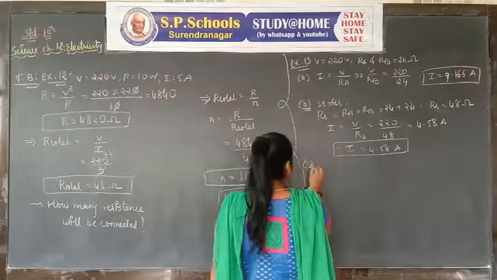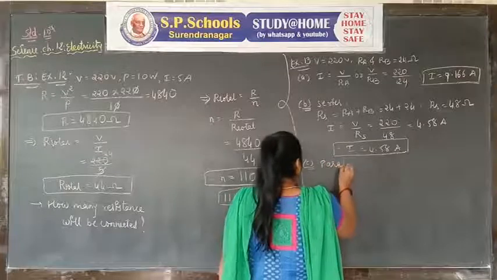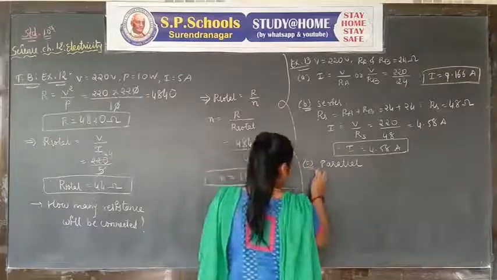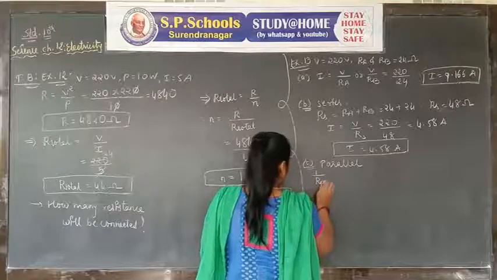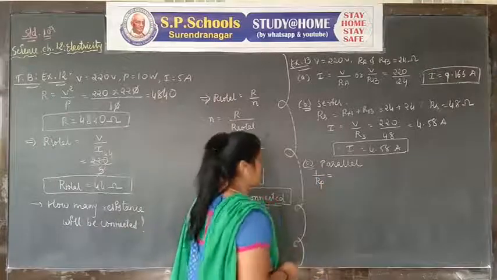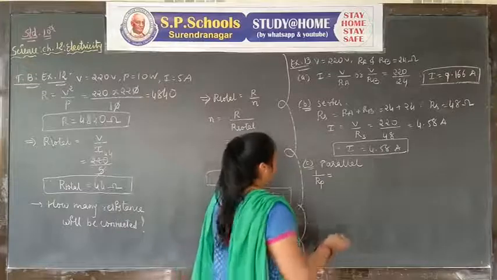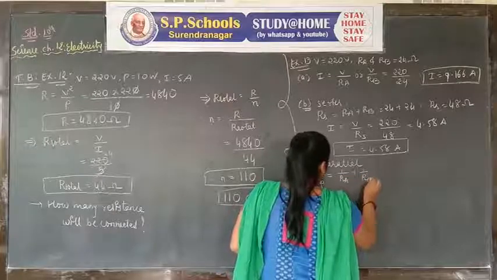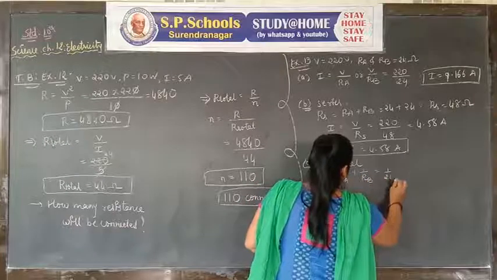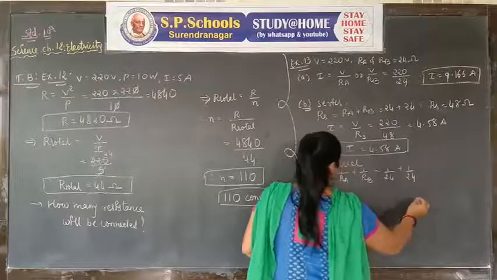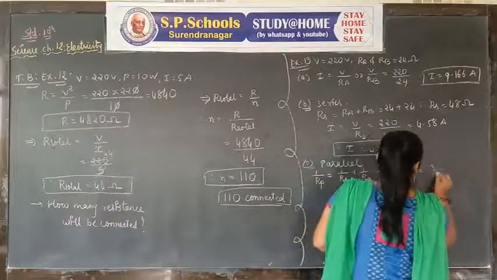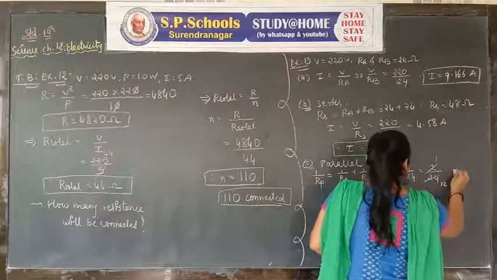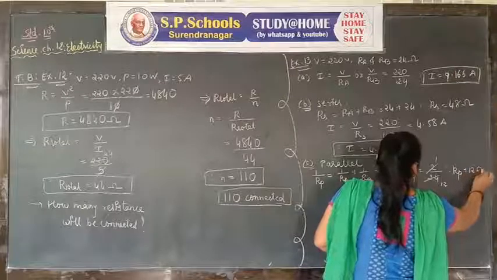Then we go through the third. In case of parallel combination, first we find the equivalent resistance. It will be in inverted form, reciprocal form. 1 upon Rp is equal to 1 upon Ra plus 1 upon Rb. 1 upon 24 plus 1 upon 24, it will be 2 upon 24. It will be 1 upon 12. So Rp is equal to 12.